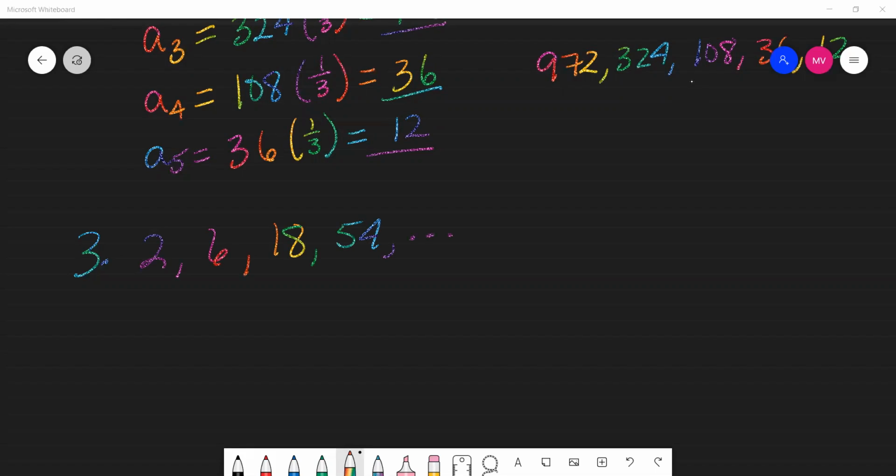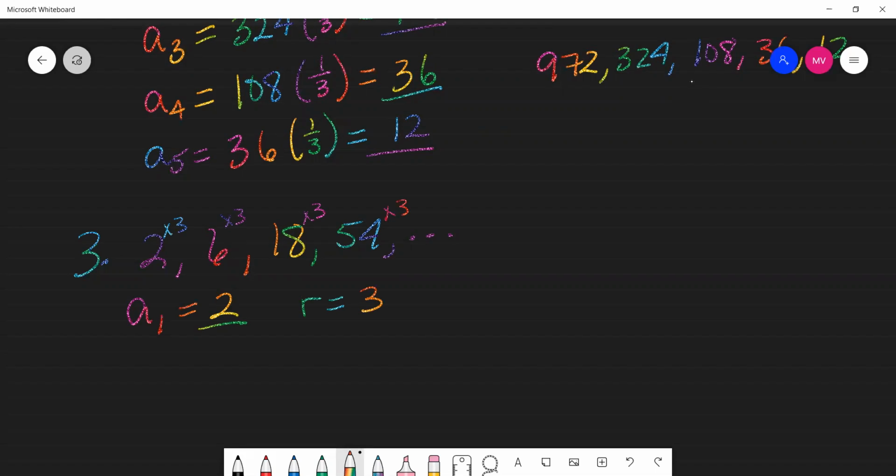So what's A1? What's our ratio? Each one of these is the preceding number times 3. So our ratio is a positive 3.